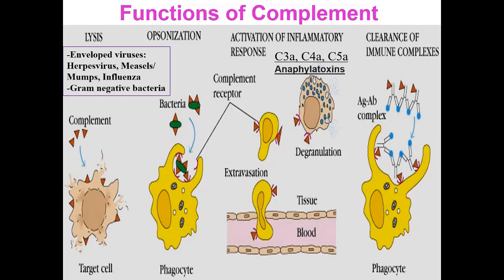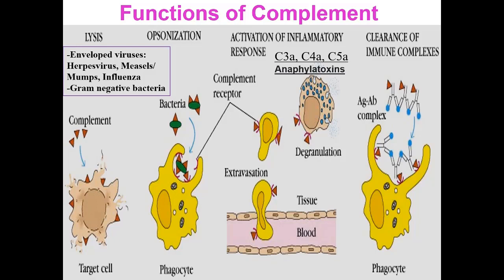After forming of the immune complexes, as you see here, the fragments of the complement system can bind to the immune complexes, and these fragments have receptors on cells in the blood, such as monocytes and neutrophils, red blood cells, RBCs, and other leukocytes in the circulation.